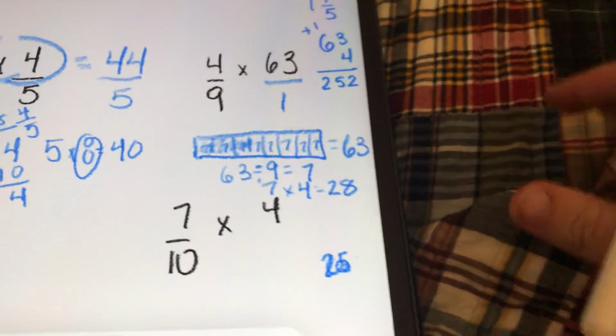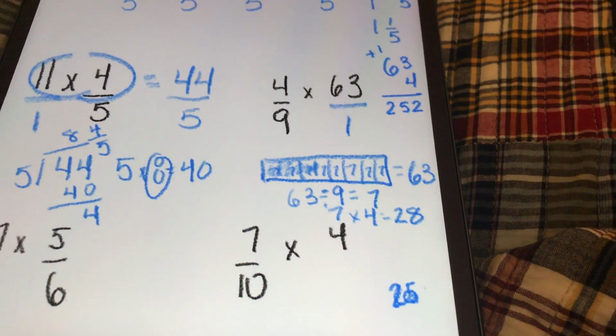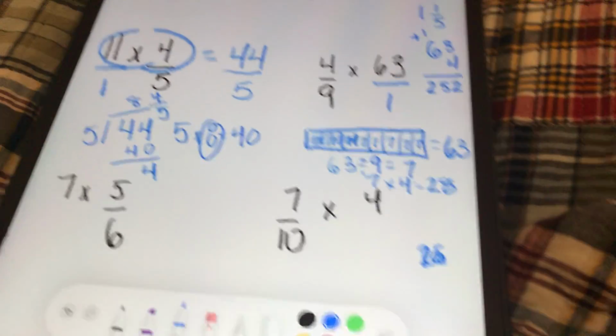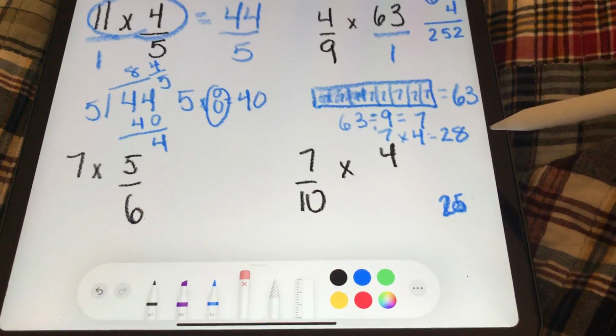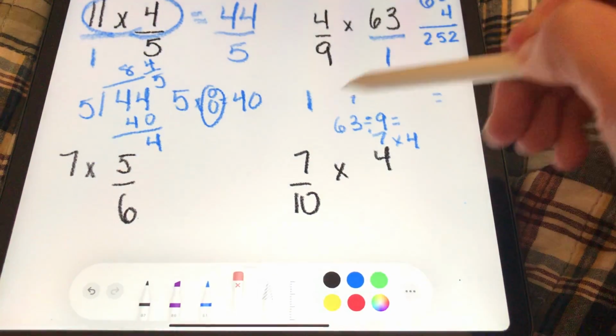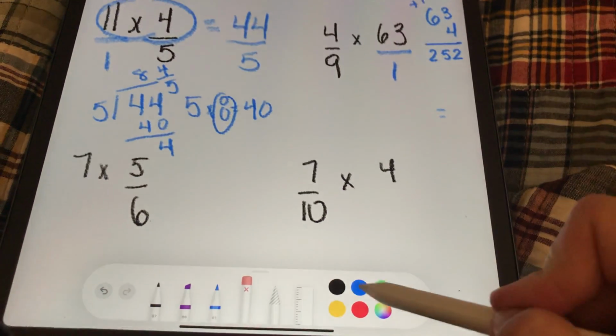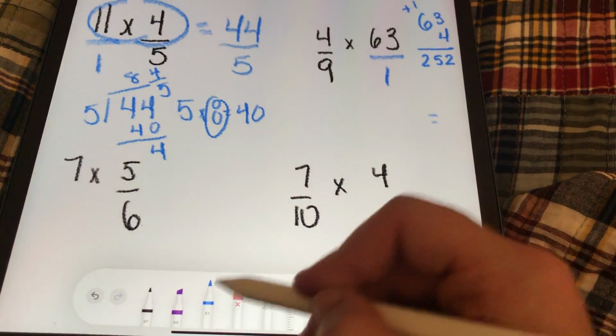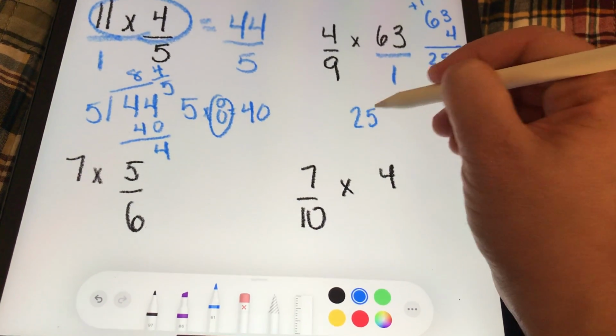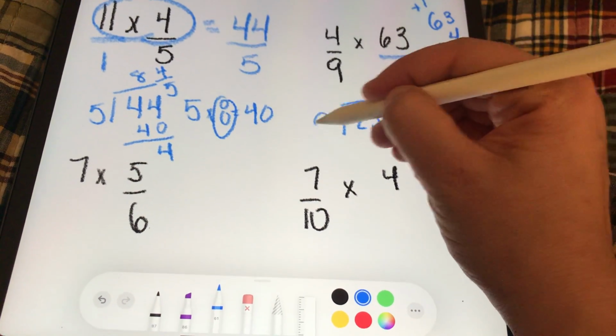Okay, so that's where that strategy might get a little bit tricky. So I'm going to erase this and see what 252 divided by 9 is.